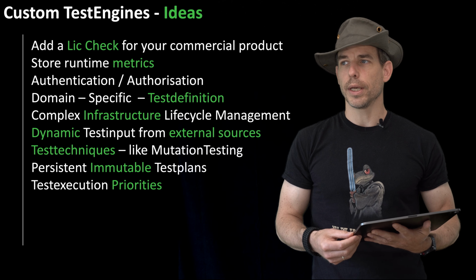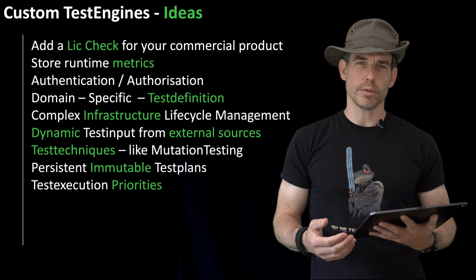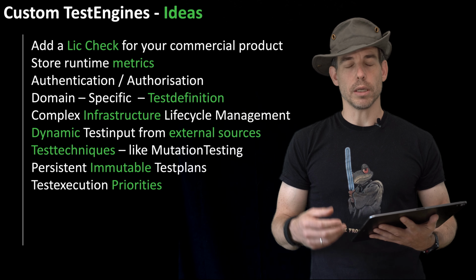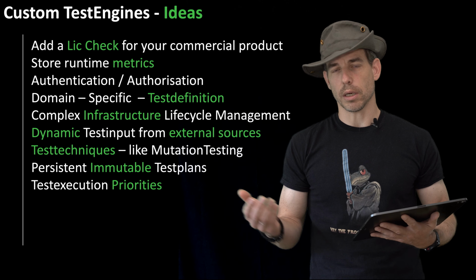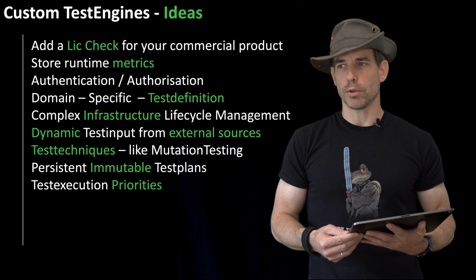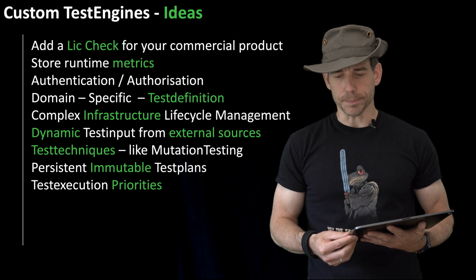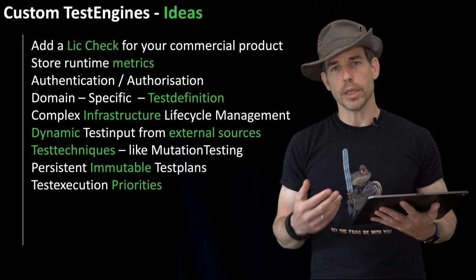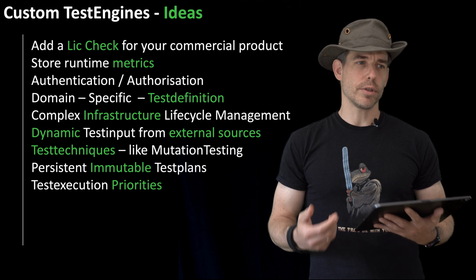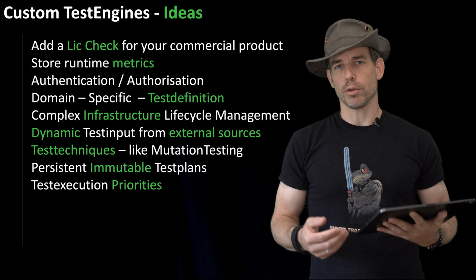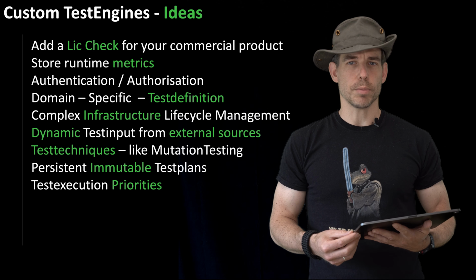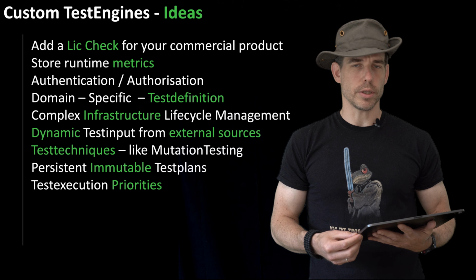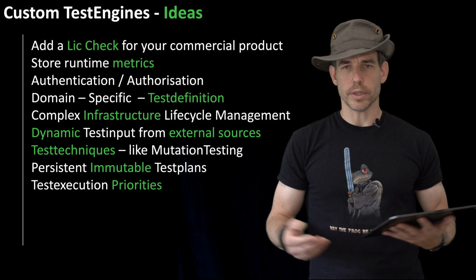It could be that you have a different way of describing variants of a test. So it could be loading test definitions from an external resource. It could be a handshake with some other infrastructure parts, whatever is needed. So whatever you need to describe your test in a very efficient way, it could be a domain specific test specification or test description, and with a custom test engine it's a DSL for tests.